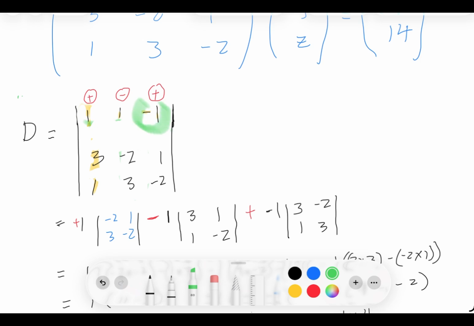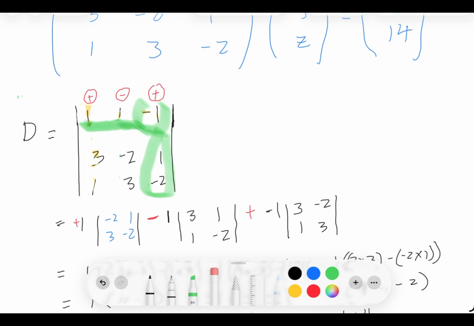Let's strike through the row and the column of that negative 1. And what remains will be your cofactor matrix, that is your 3, negative 2, 1, and 3.